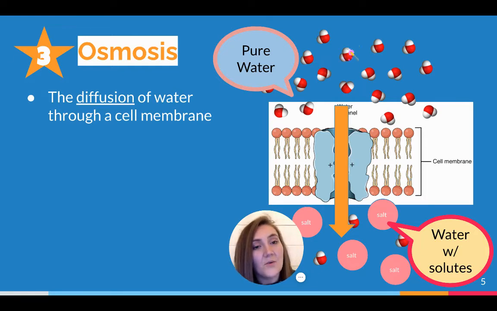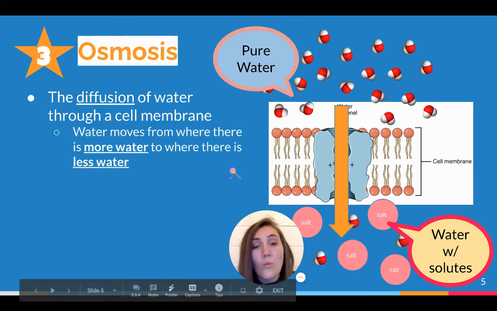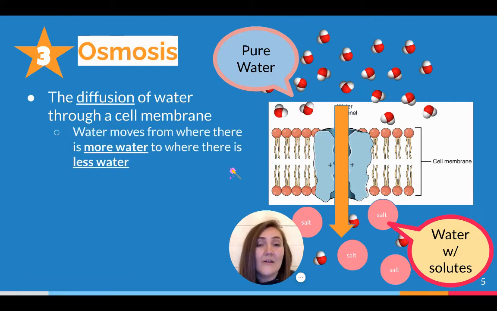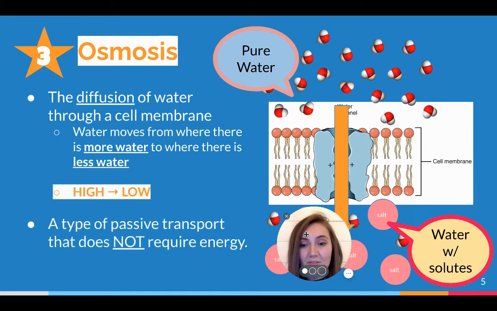As a result, these water molecules are moving from high concentration to low concentration. So water is moving from an area where there is more water to an area where there is less water. That's the high to low concept. And it is a type of passive transport that does not require energy. So keep that in mind.